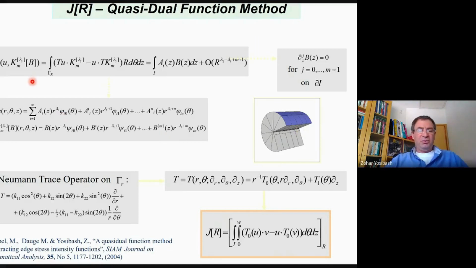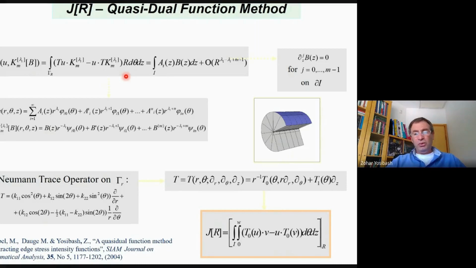So with work together with Professor Monique Dauge and Martin Costabel, who are in Rennes, we worked for quite a while. It took us about 2 or 3 years to come up with a new integral, which is called the quasi-dual function integral.